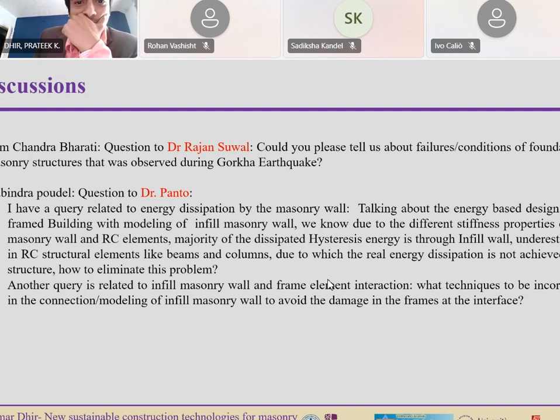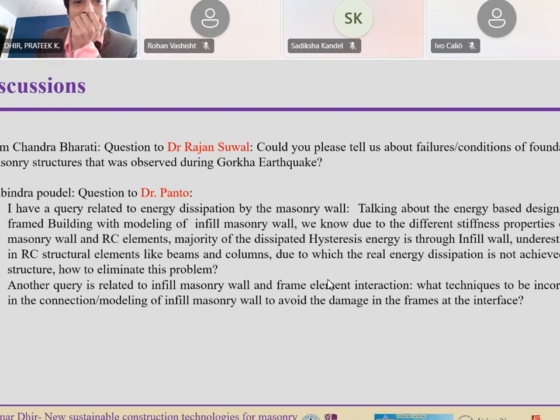Generally, it is not visible in the foundations because it is difficult to see there. But we have seen in certain masonry buildings, due to the vertical shear, there is an unequal settlement, and a vertical crack is found.